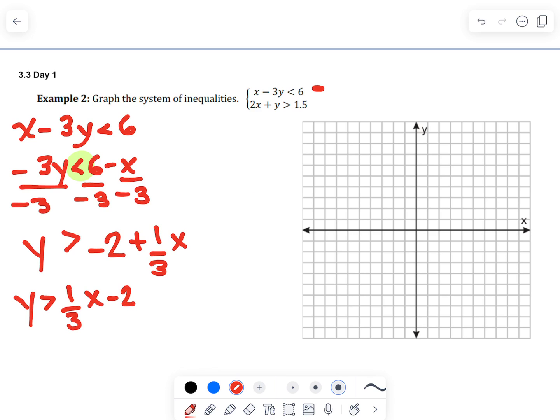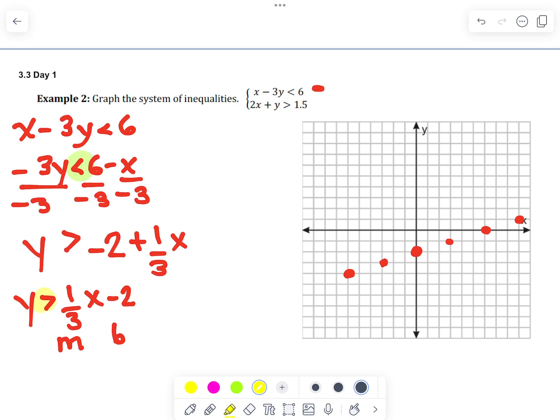So we're going to identify the slope and the y-intercept. The y-intercept is -2. Now we're going to go up 1 and right 3. Up 1, right 3, or down 1, left 3.